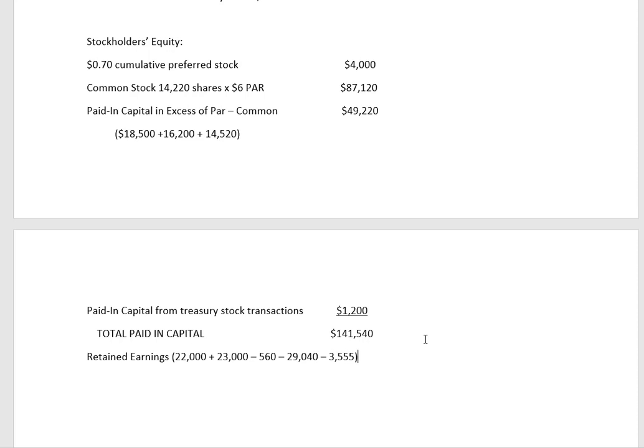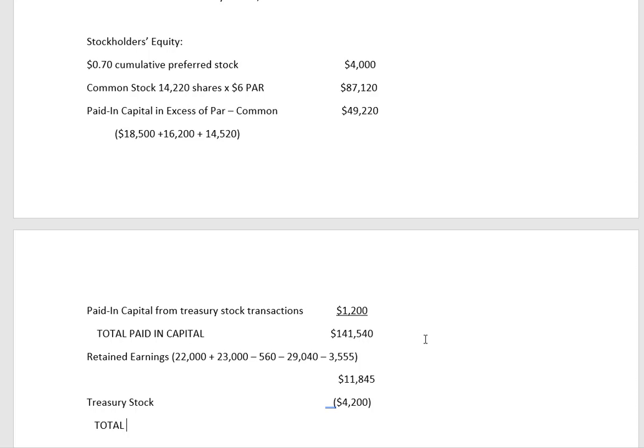So go back to the journal entries if you don't know where these numbers are coming from. So my retained earnings here comes to $11,845. And then I have my treasury stock, which remember is a contra stockholders' equity account. That means it's going to reduce my stockholders' equity. I have 4,200 still remaining of treasury stock.